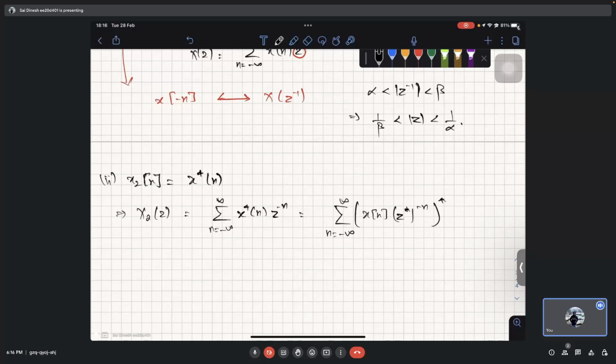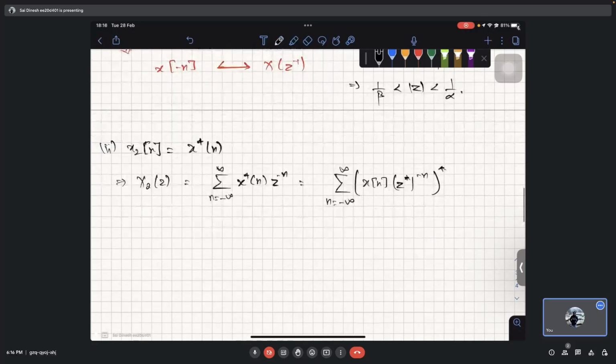So this conjugation and this conjugation and this conjugation will negate each other. So this will be x*, and then ((z*)^(-n))* will be z^(-n). Right? Now since it is a summation, it's a linear operation, we can do this. Alright.